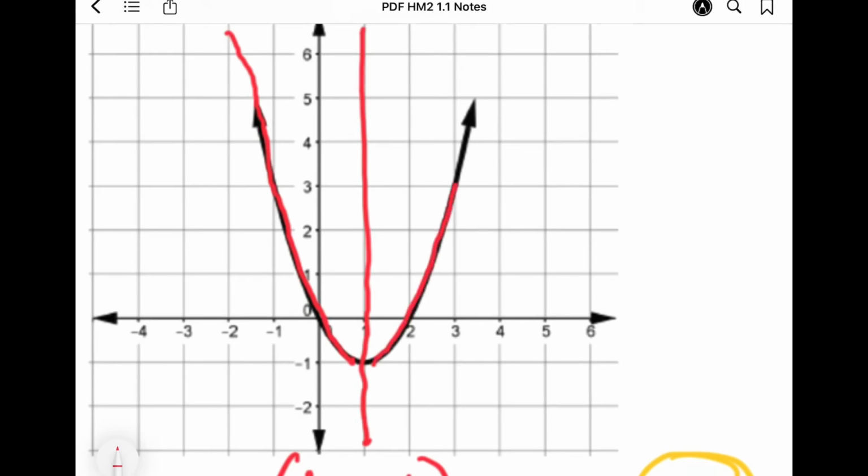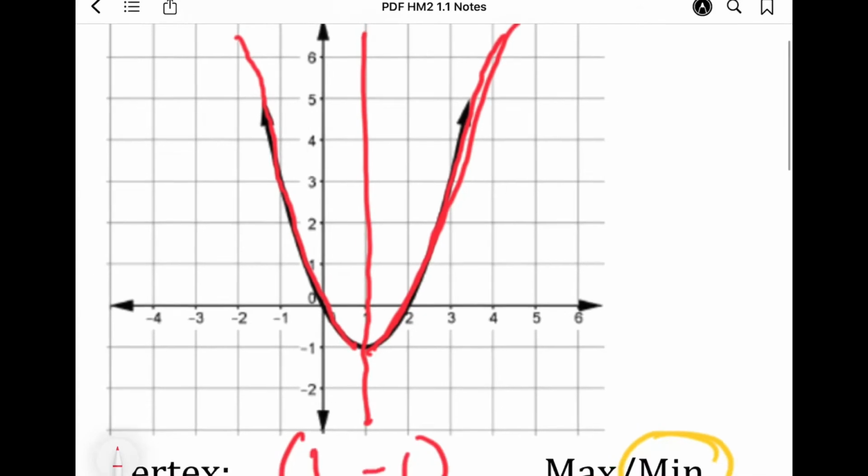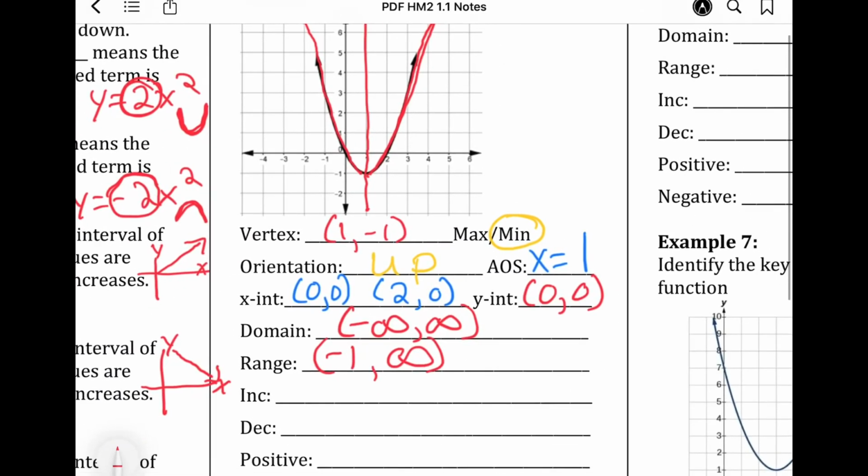Are we increasing on this side, on the right side, if we follow the line left to right? Yes. So from x is 1 to positive infinity, we are increasing. Decreasing, we are starting all the way at negative infinity, and we are decreasing until we get to 1.